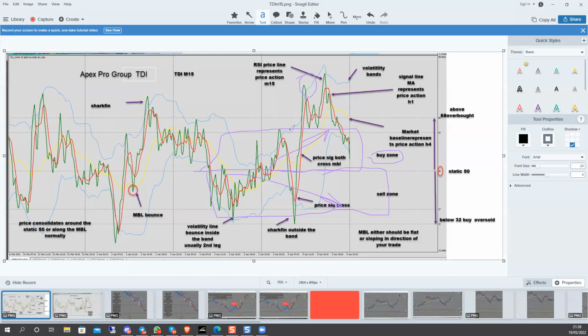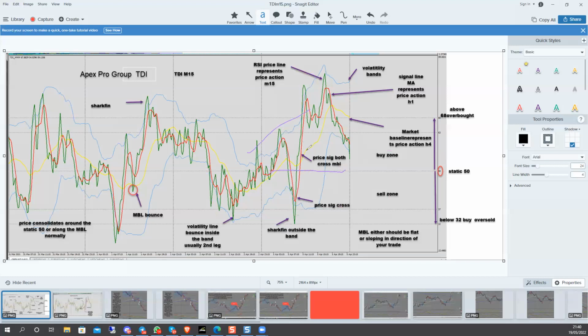But just be wary that as price stays above the signal line and the MBL, it can keep going up and up. That's very important to bear in mind. It's important to look at where the majority of the price action on the TDI is.